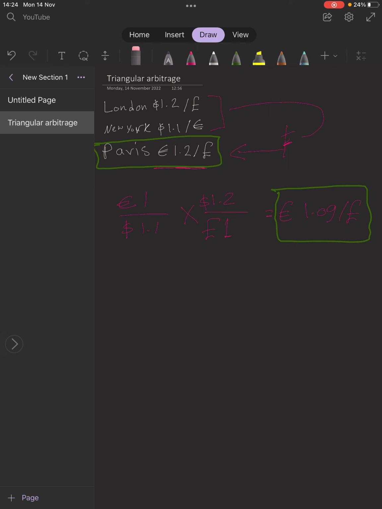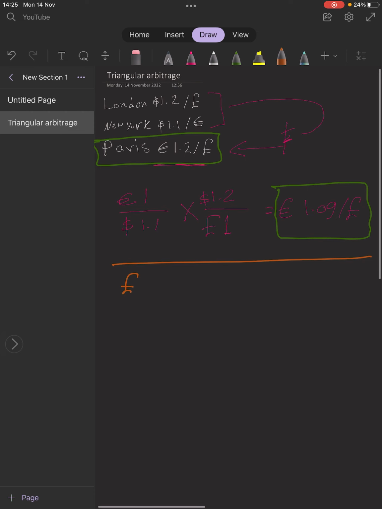Okay, so if we want to check how things should work and how we can make use of this arbitrage opportunity, assume that an English person has £100 in his account. So what should he do? The thing is quite simple.